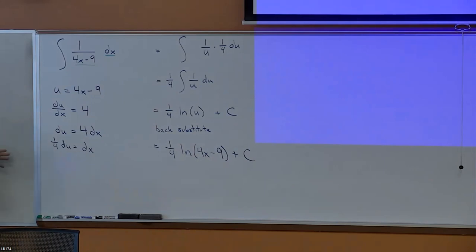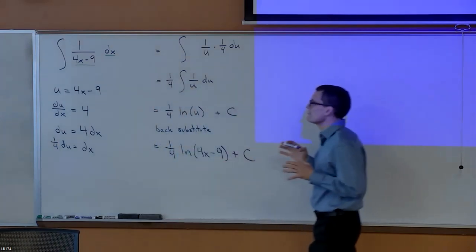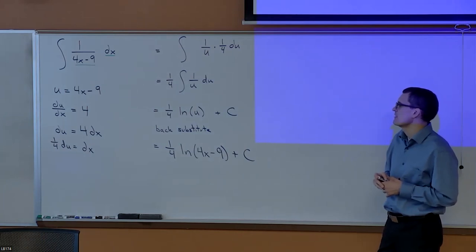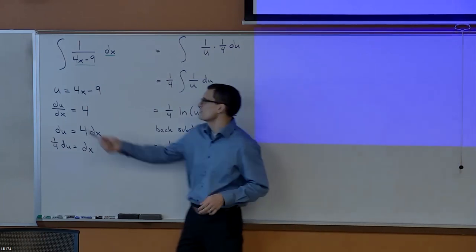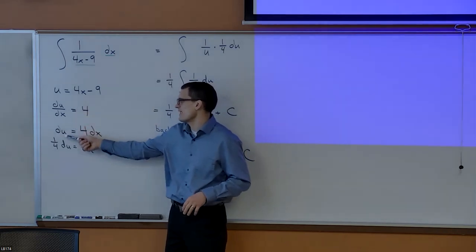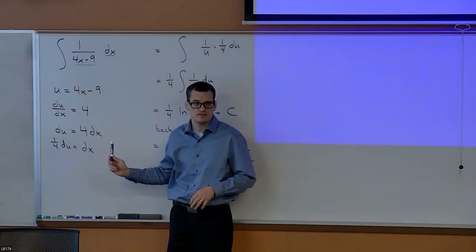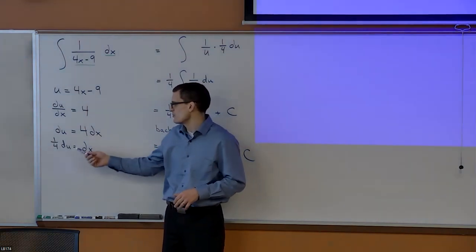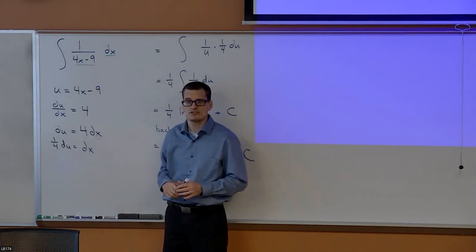So that was pretty much what we were doing last time, right? Pick the correct u to substitute out. Once you have that, your derivative of u with respect to x gives you your du dx exchange, whatever that happens to be. You just pick the best version of the du dx exchange.